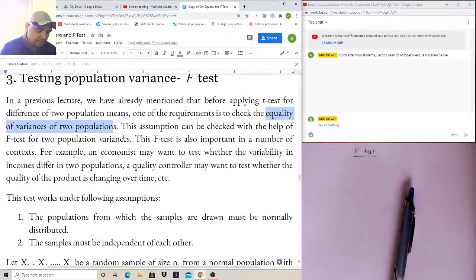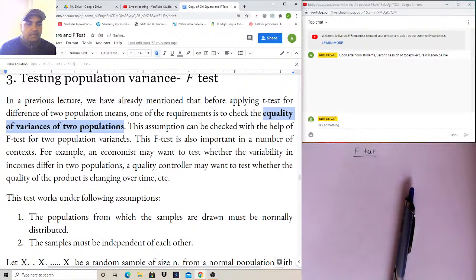That is, before applying the t-test, we have to test the equality of variances of two populations, and this assumption can be checked with the help of the F-test.